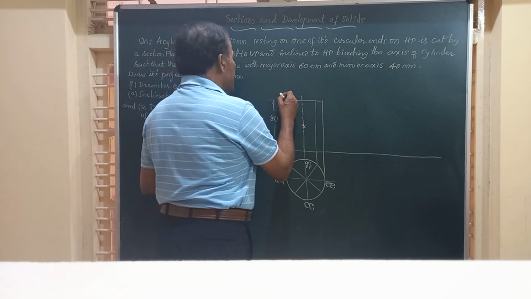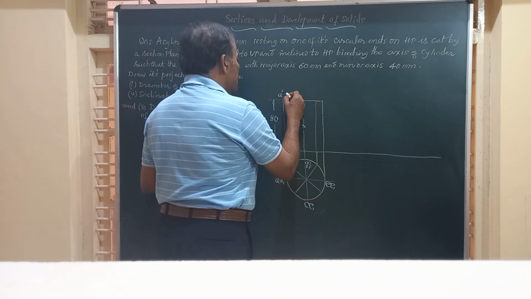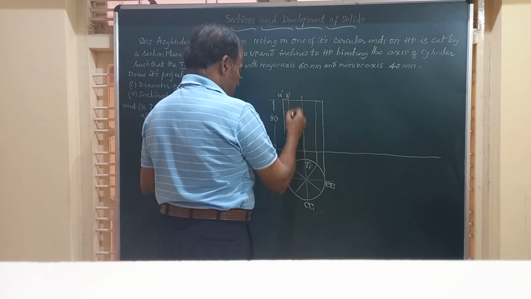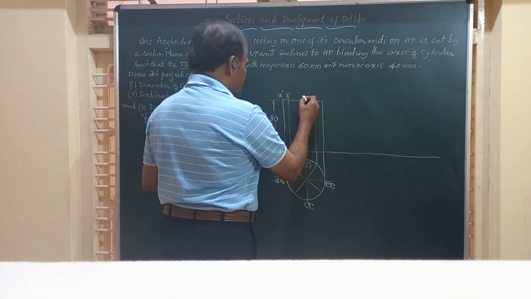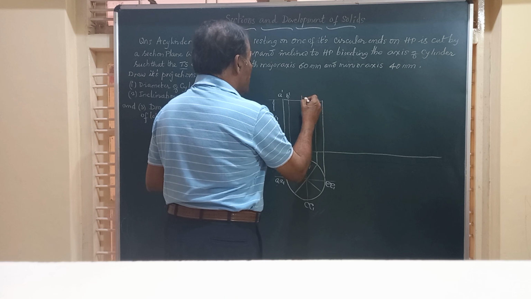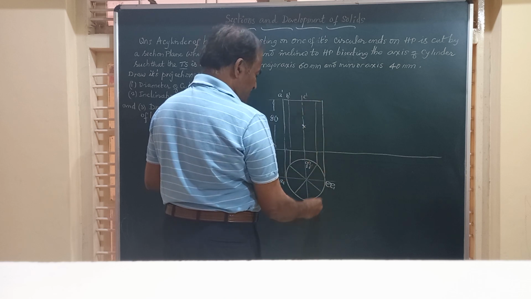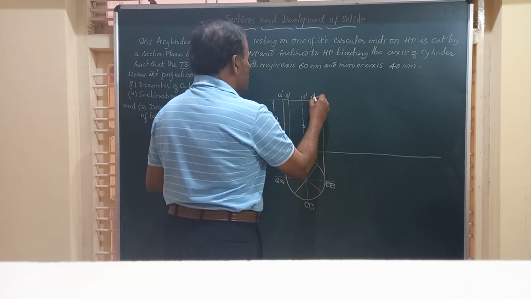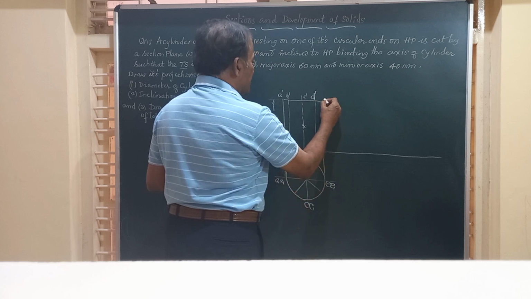Friends, this is A dash, this is B dash, then this is C dash, A, B, C, this is D dash, and this is E dash.